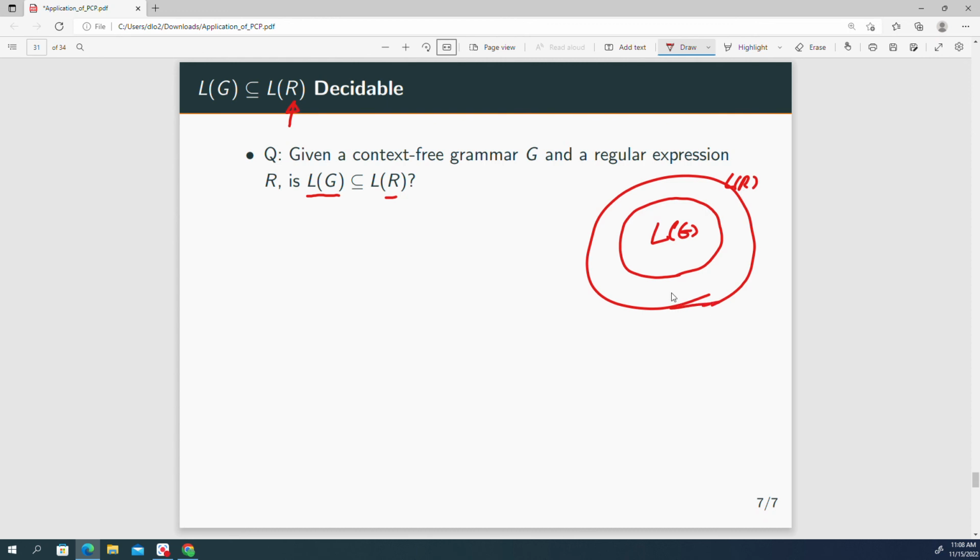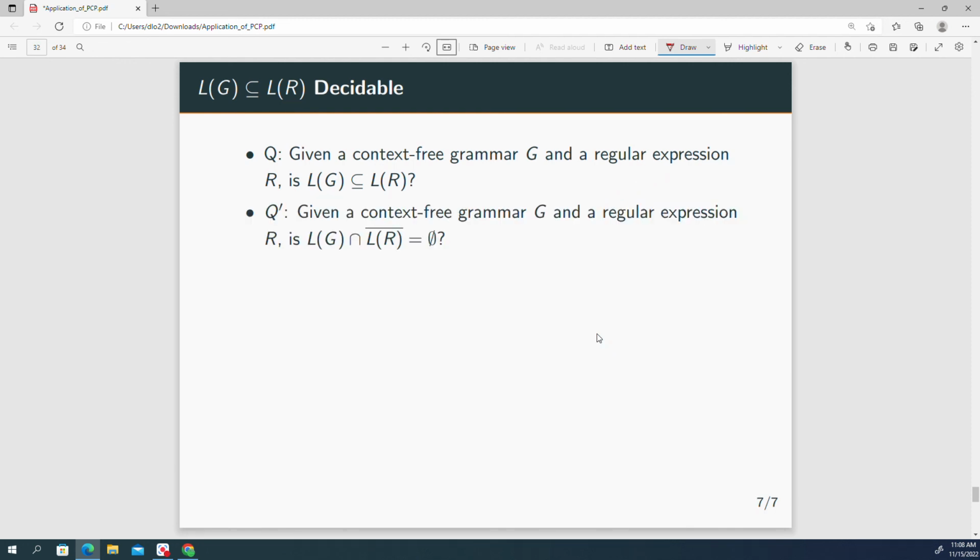Checking if LG is a subset of LR is equivalent to checking if LG intersect LR bar is empty. If it is empty, then you are sure LG is a subset of LR. So this is the one we're going to use.